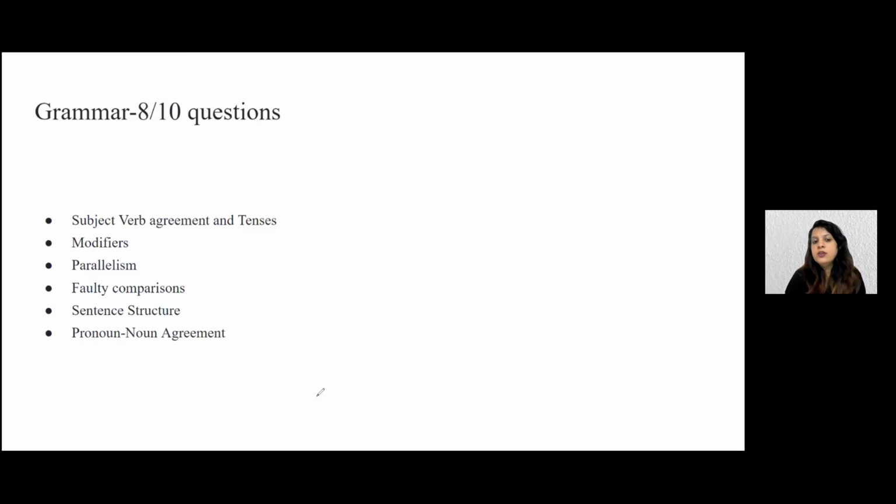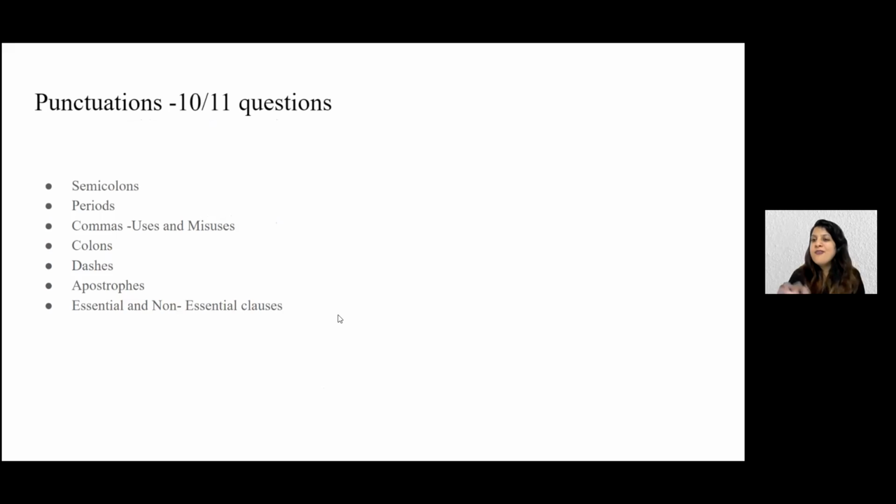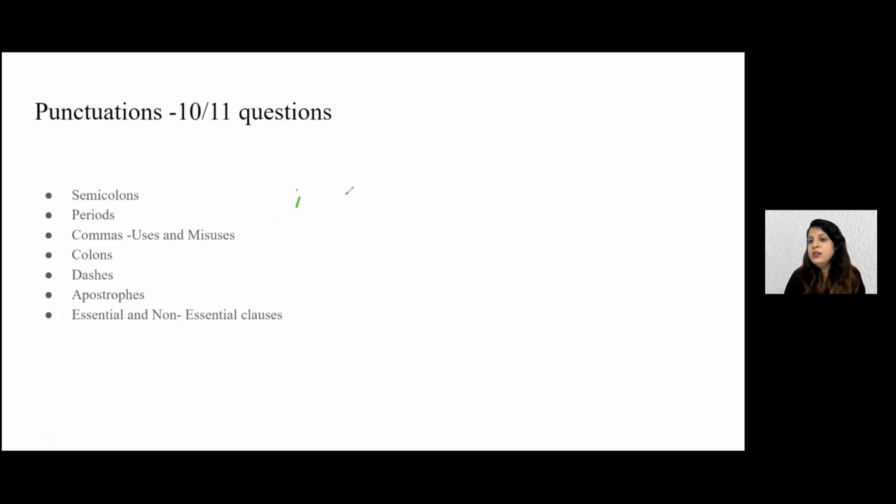Then we have another important category, which is punctuations. Again, we have very defined concepts that are tested under punctuations. First thing that I need to know is what are semicolons. So the only golden rule that will go a long way is semicolons always go between 2 independent clauses. Now, what's an independent clause?